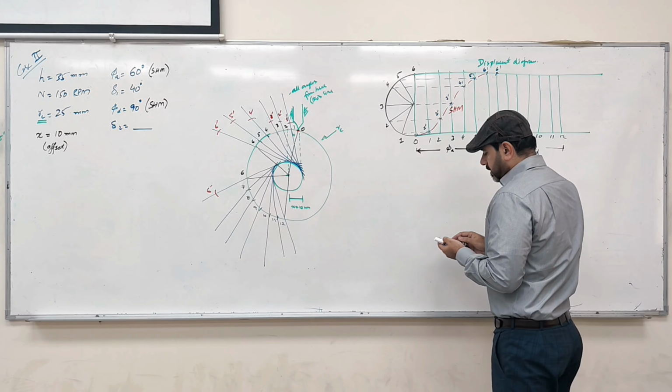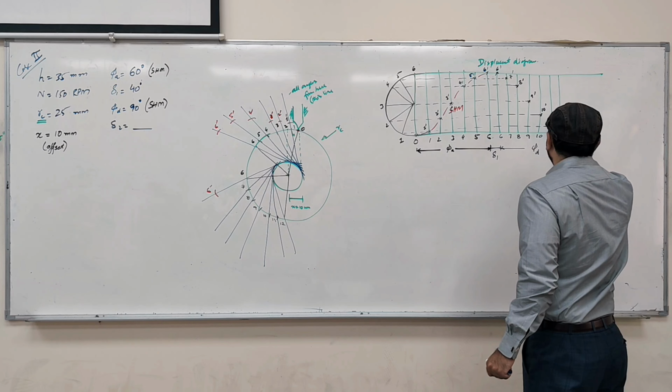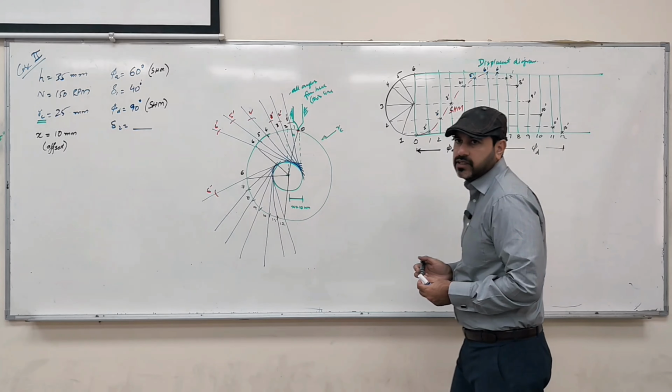Okay. This is our 7 prime. 4 will come to this 8, 8 prime. 3 will come to 9, 9 prime. 10 prime. 11 prime. And 12 prime is the same point. If you're curious to see how this would look, it will look just like this.